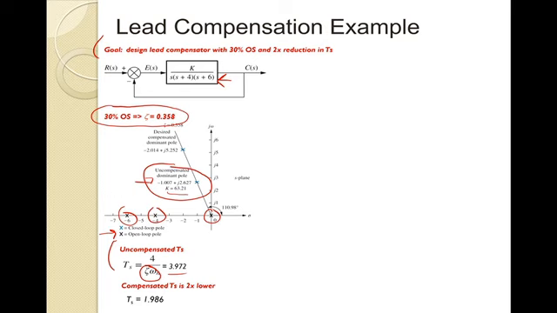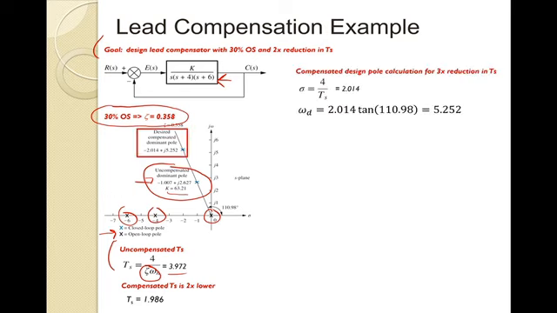And now we have our goal for our compensated system. Similar to what we did with the PD approach, since we know our new settling time, I can create my new sigma, with the same damping line, based on this reduction.